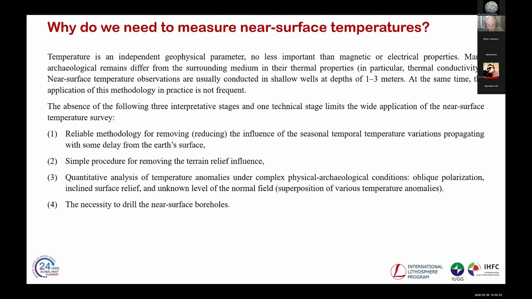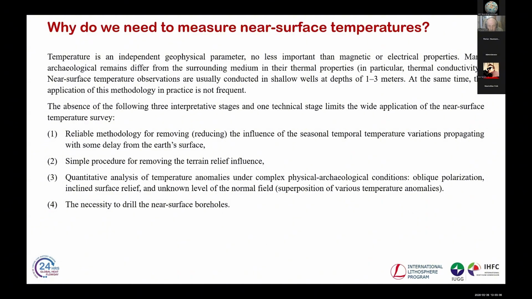First limitation, absence of reliable methodology for removing or reducing the influence of the seasonal temporal variations propagating with some delay from the Earth's surface. 2, simple procedure for removing the terrain relief influence. 3, absence of the normal quantitative procedures for the quantitative analysis of temperature anomalies in complex physical archaeological conditions: oblique polarization, inclined surface relief, unknown level of the normal field, superposition of various temperature anomalies.